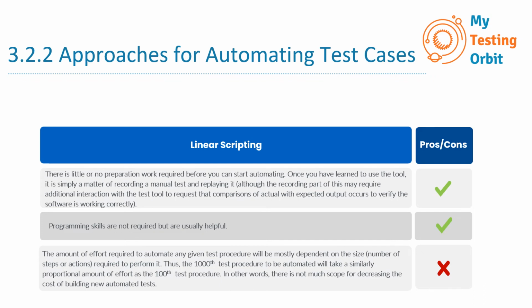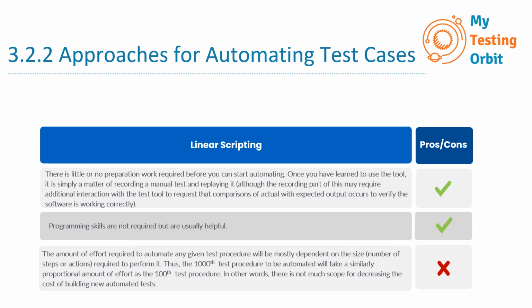Okay, so what does that mean? That every time a test case is being automated using the linear scripting approach, a new test script is generated. This means that the more test cases are automated, the more lines of code are generated.